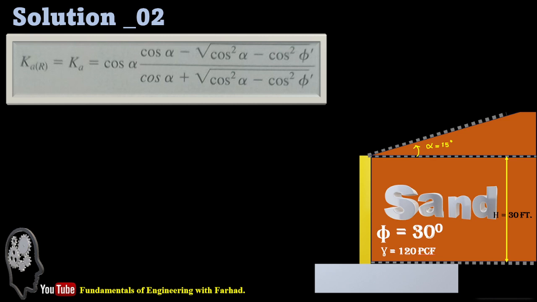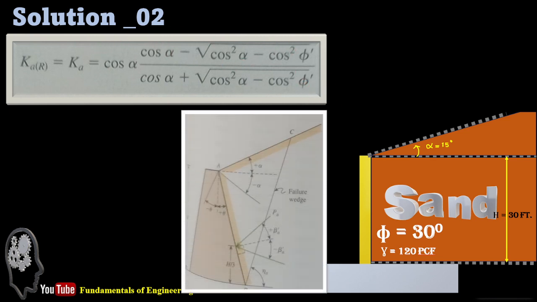You just need to move to the section of active and passive pressure and find this kind of formula. And this is a similar equation, but just with different terminology. So this is a positive alpha, this is negative alpha. So don't worry about if they are alpha or beta, just look at your shape and pick the right angle for that.